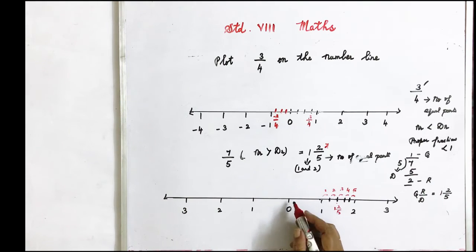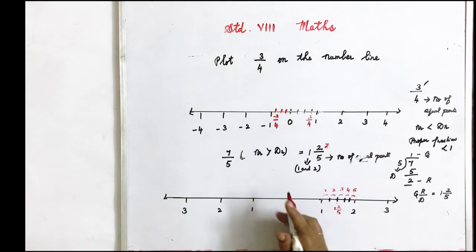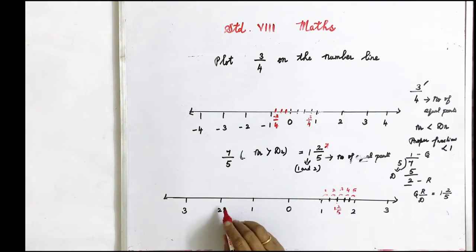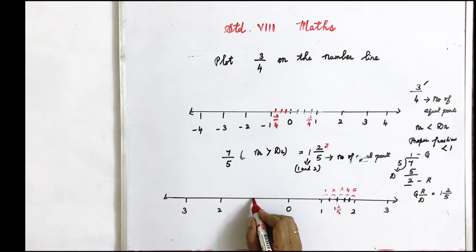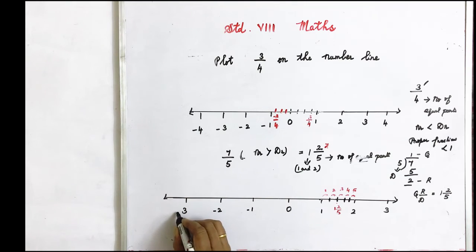If you want to mark minus 1, 2 by 5, since it is a negative rational number, it should be marked between minus 1 and the next number, minus 2. This is minus 1, minus 2, minus 3.